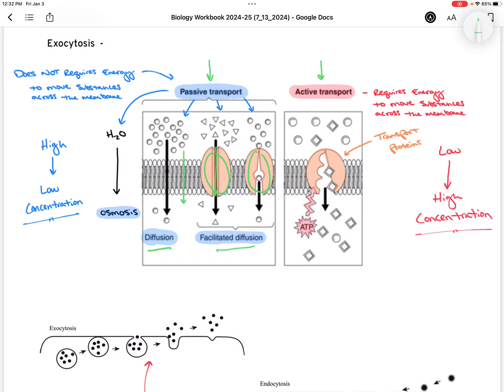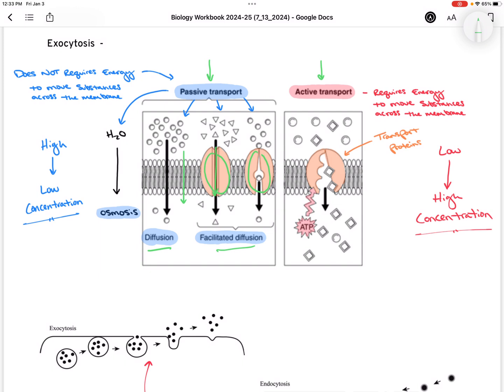If your cells aren't good at uptaking sugar from your bloodstream, these really large, complex molecules, then it leads to something called diabetes. So facilitated diffusion is usually multi-stepped, like it has signaling, but it requires some way of transporting them into the cell. That's facilitated, and that's passive transport.